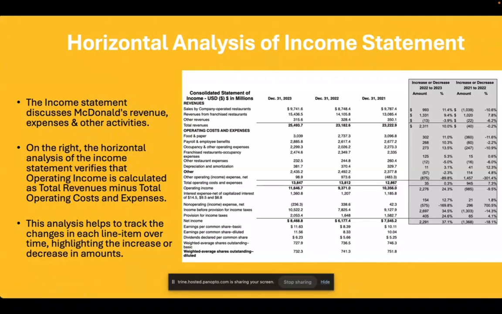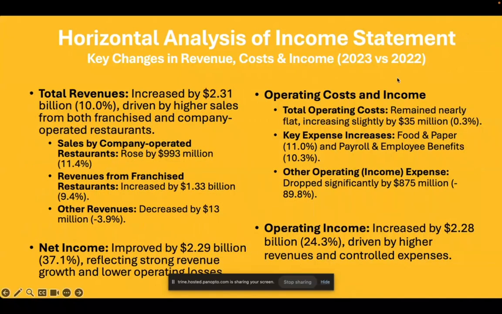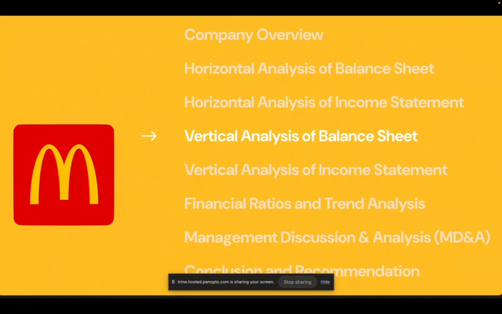This analysis helps us track the changes in each line item over time, highlighting the increase or decrease in amounts. The key changes would be total revenue increased by 10% in comparison to 2022. Also in 2023, the net income improved by 31.7%. The operating income also increased by 24.3% in comparison to the previous year.